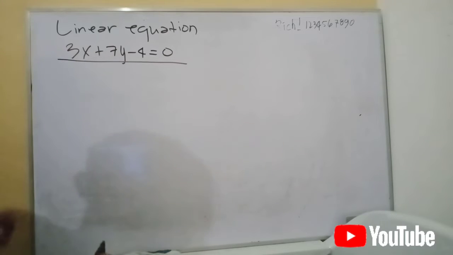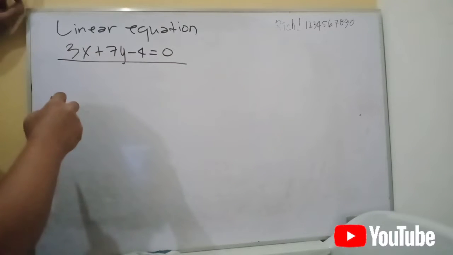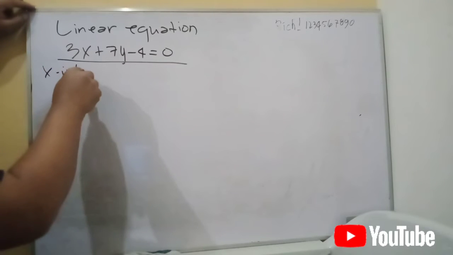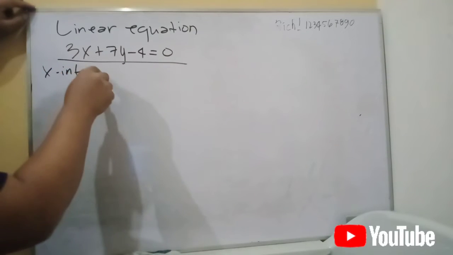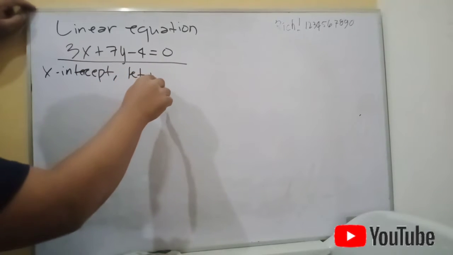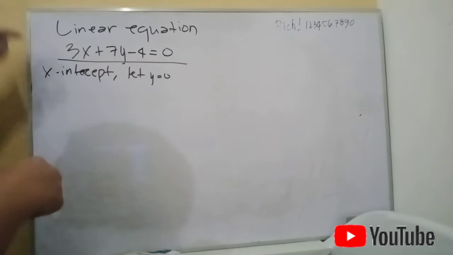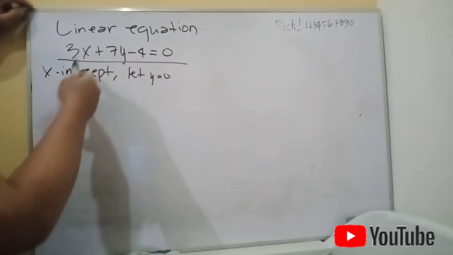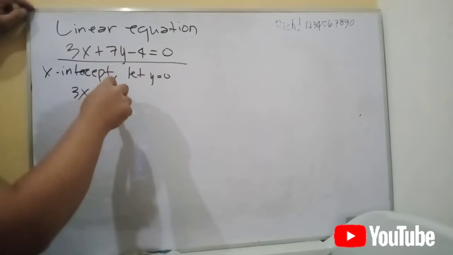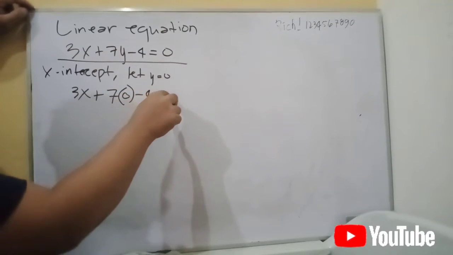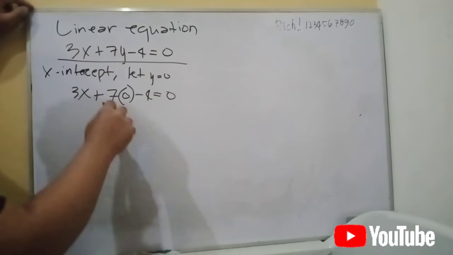Okay, so when we are getting the x-intercept, let y equal 0. So for this one, 3x plus, substitute the value of y, this is 0, minus 4 is equal to 0. Cancel this one.